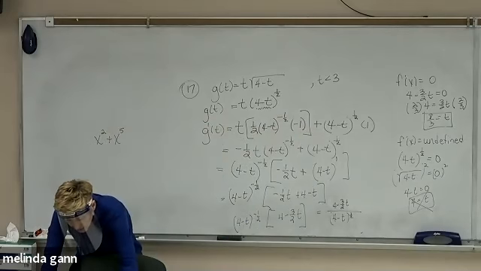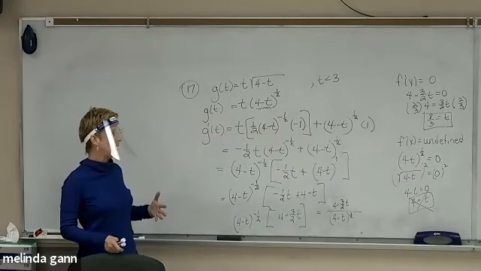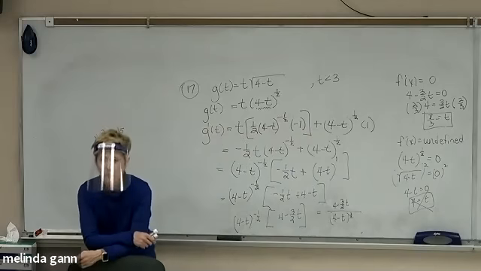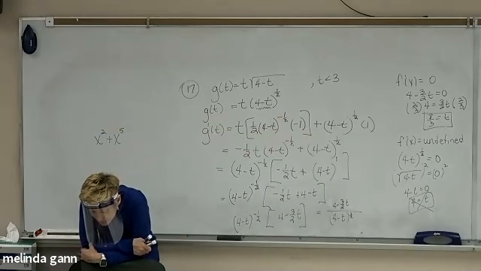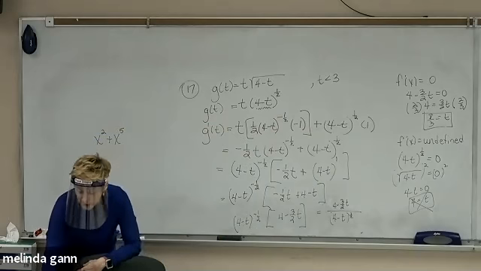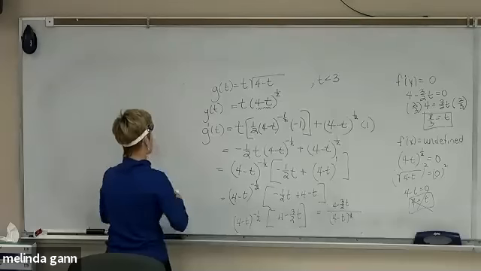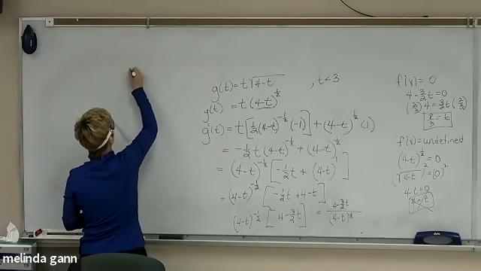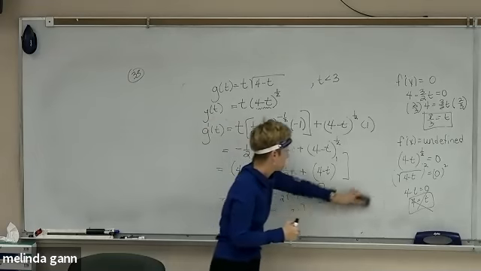Look on page 227, because what we're going to do today is the same thing, basically. Kendall? Number 33. Number 33, is that on page 227? Okay, so 33. All right, so we've got x to the 1/3 plus 1.